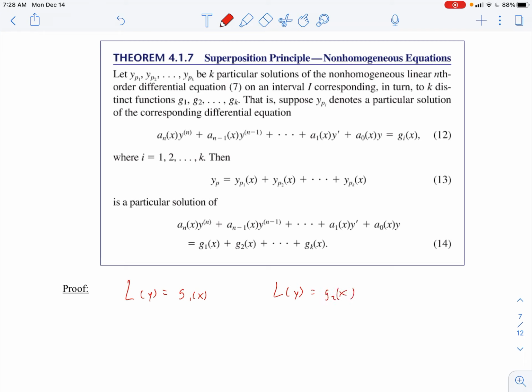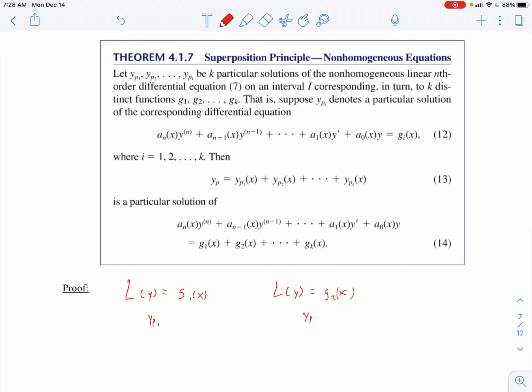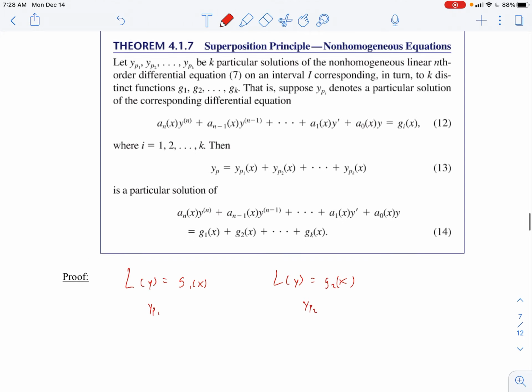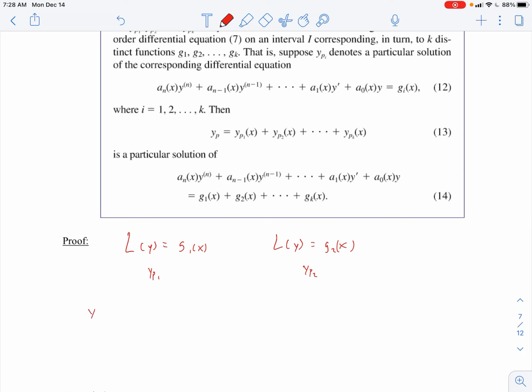And we're told that y sub p1 is a solution for g1 of x, and y sub p2 is a solution for g2 of x. If we define our particular solution y sub p of x as y sub p1 plus y sub p2, both of x.